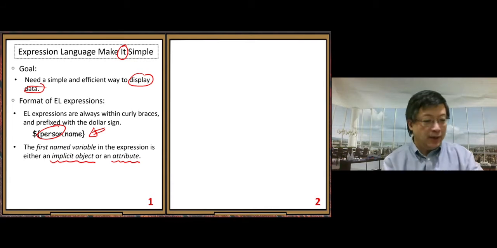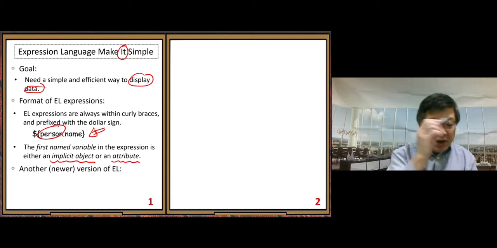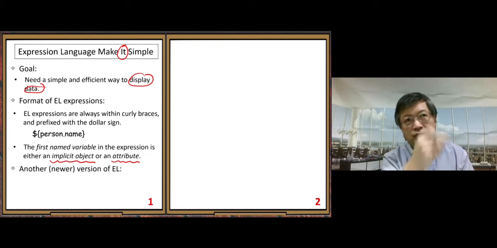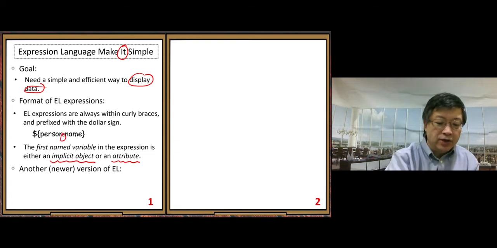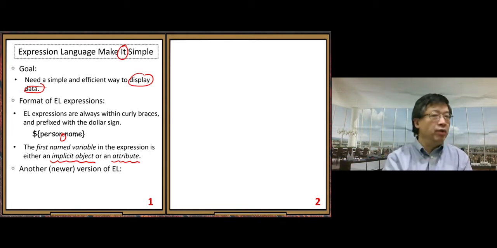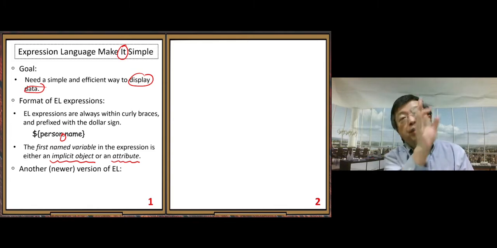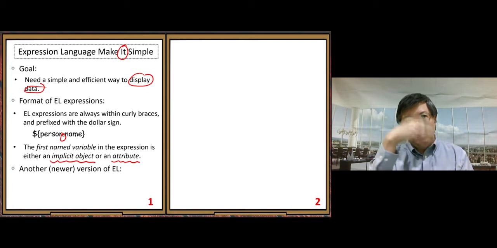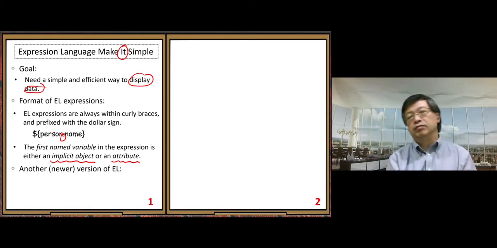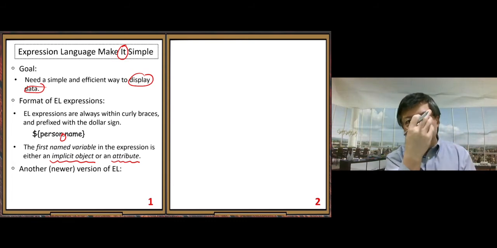All right, another newer version of EL. The original first way is the dot operator, and we're familiar with the dot operator. But there is another, newer way. The designers felt this way has its advantage.